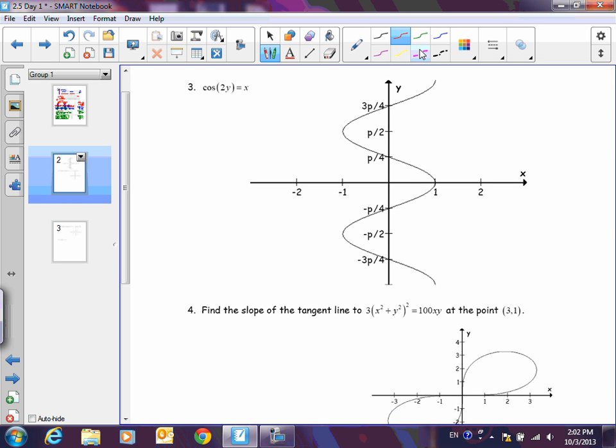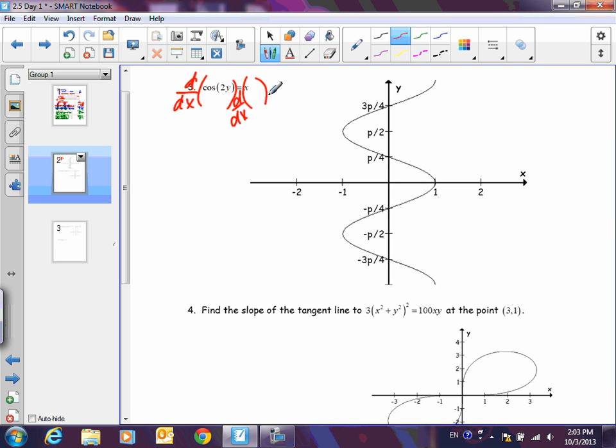So if we look at number 3, that equation is actually way shorter than number 1. But we're still going to do the same steps. So what was the first step? Take the derivative of both sides. Now remember, this was d over dx. We're going to take that of both sides. Yes?